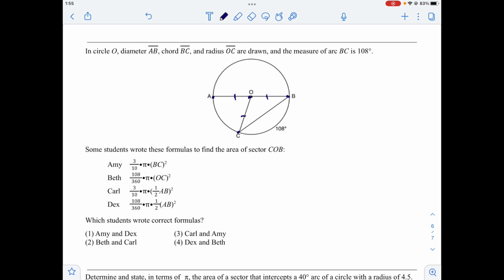And it tells us that the measure of arc BC is 108. Some students wrote these formulas to find the area of the sector COB. So take a look at Amy, Beth, Carl, and Dex and see which ones would actually help us find the area of sector COB.